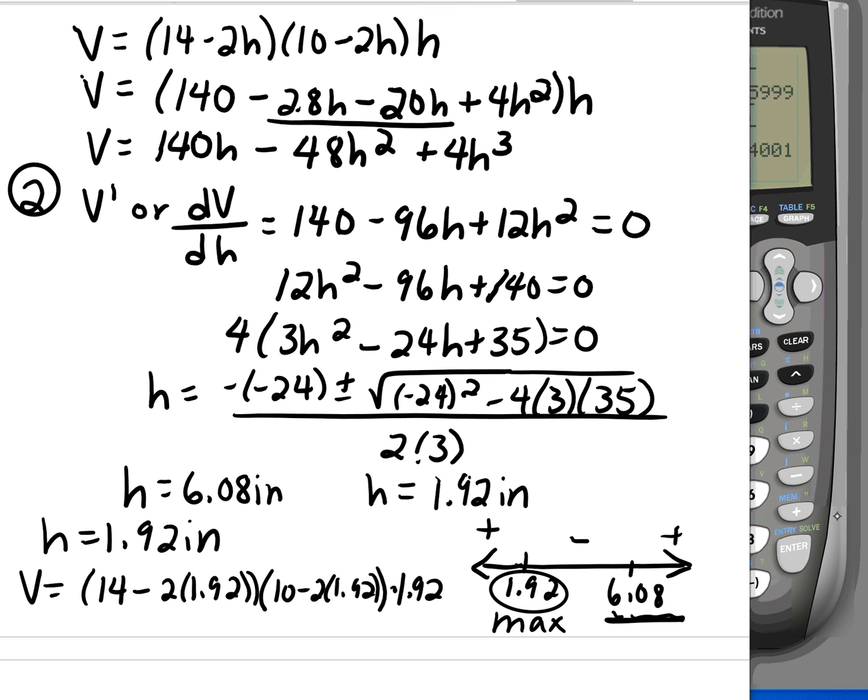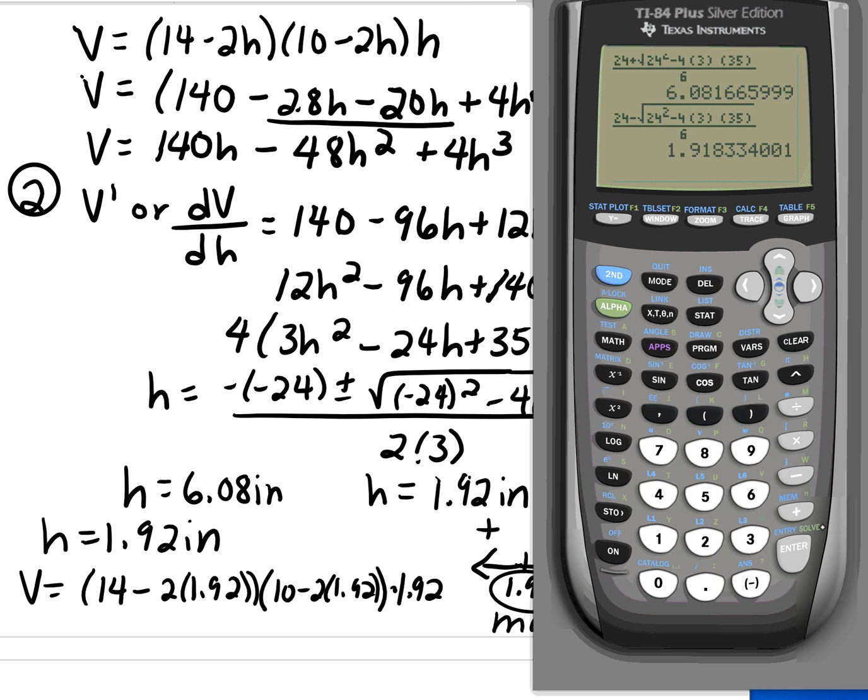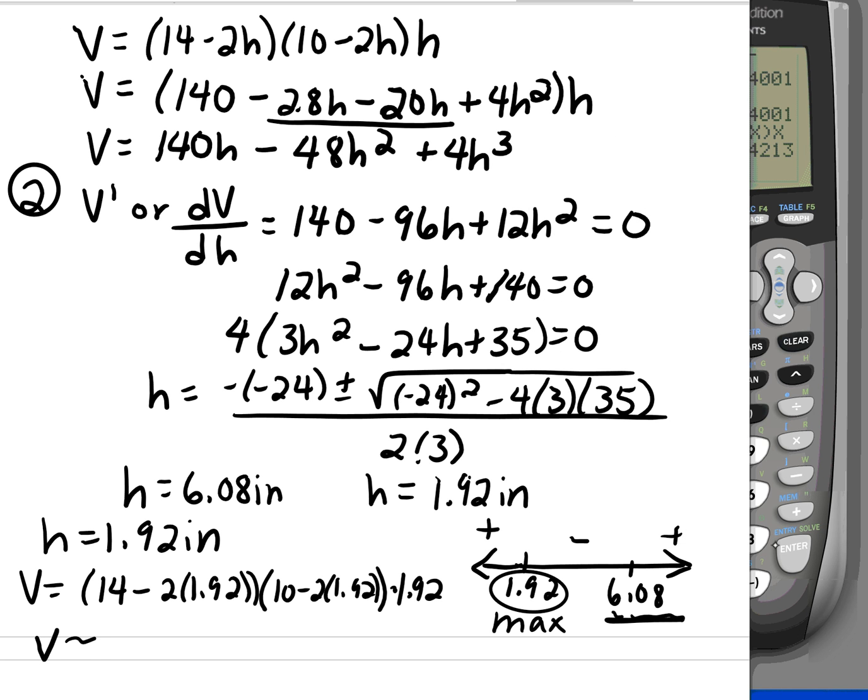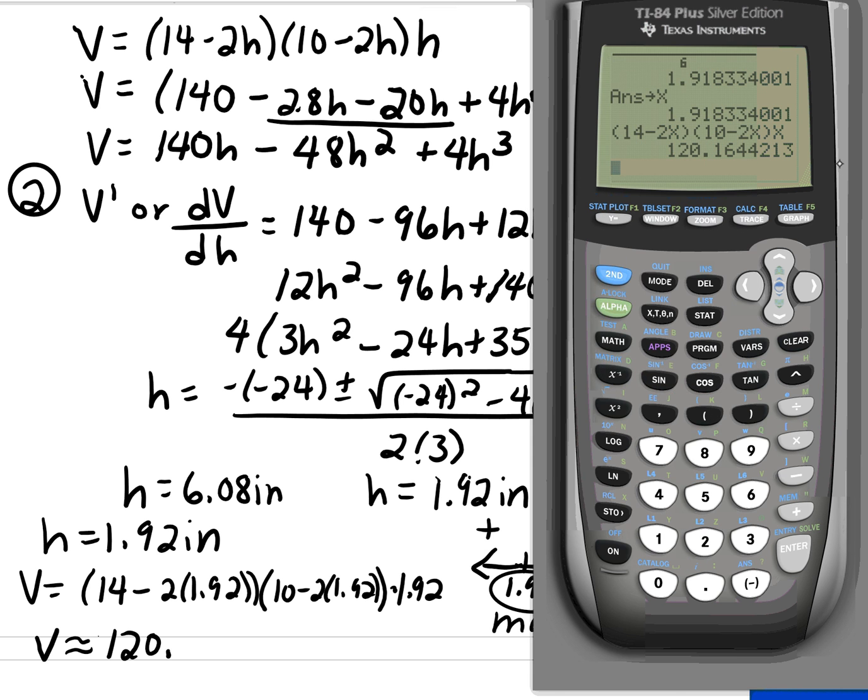So I'll actually just show you what would happen. I can plug that in using the store feature. If we store the one we just did in x, and then type in that original equation, 14 minus 2x times 10 minus 2x times x, that gives me the maximum volume of approximately 120.16.